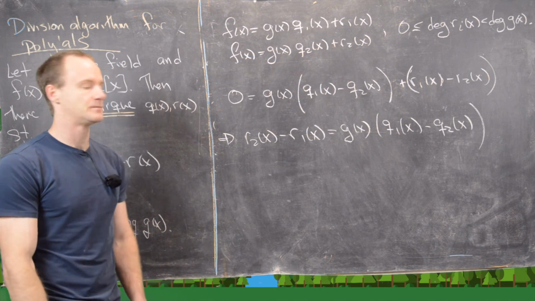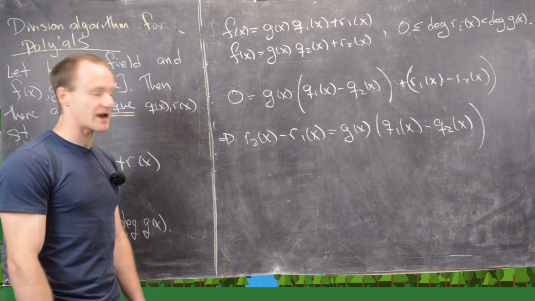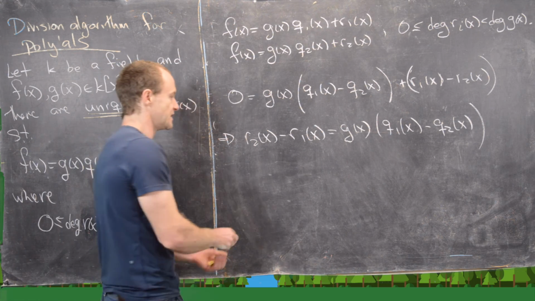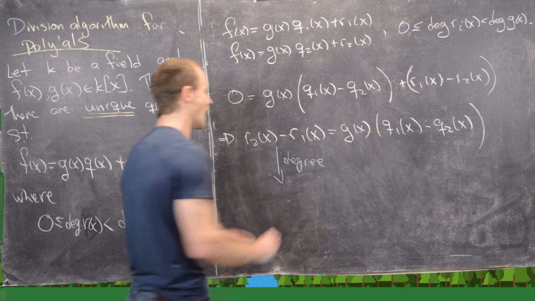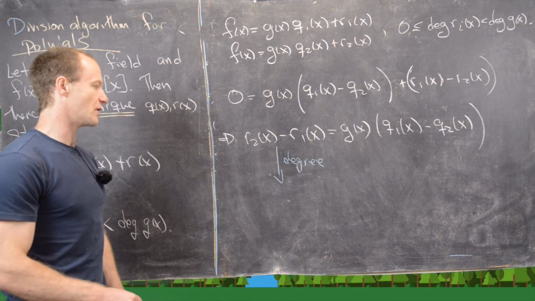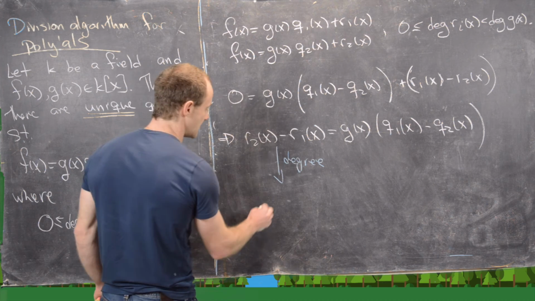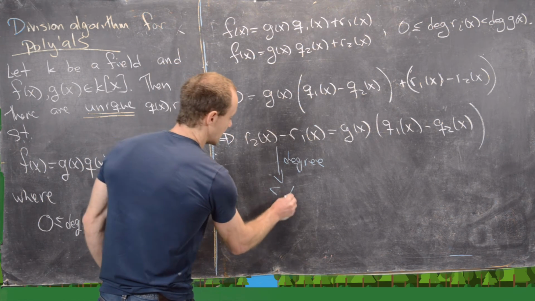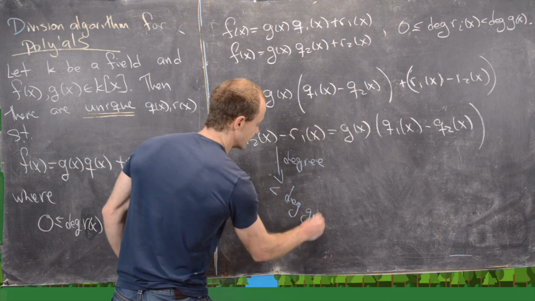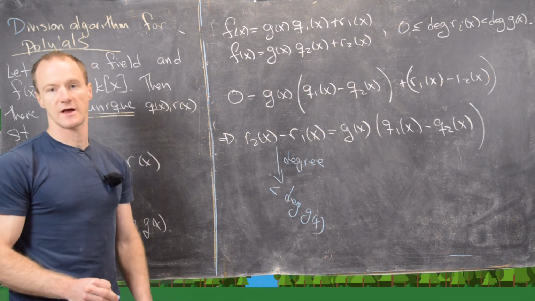Okay. Now let's look at the degree of both sides of this. So notice that if we take the degree of the left-hand side of this equation, we're going to get the degree is less than the degree of g of x. Okay?